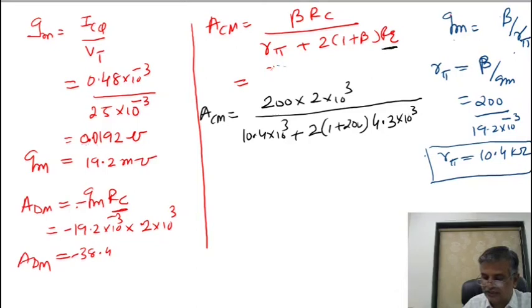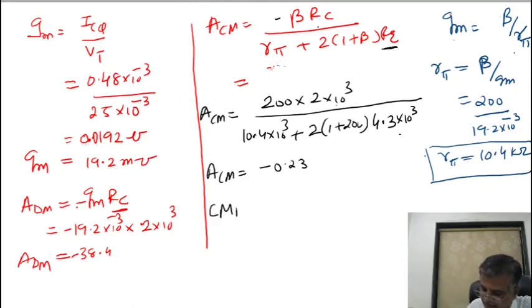This is R pi, which I have calculated from the equation beta upon GM. I put these values. Now what is ACM? You do all this calculation, you will get minus 0.23. You have to do the calculation yourself.